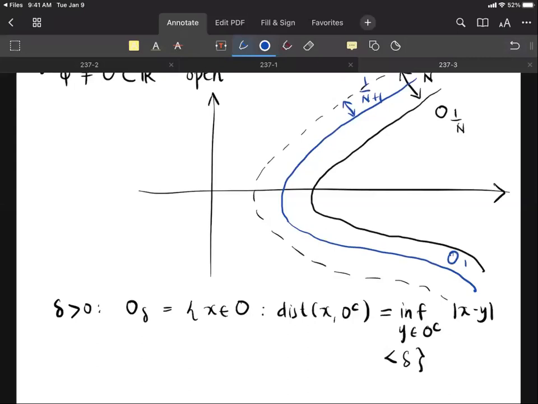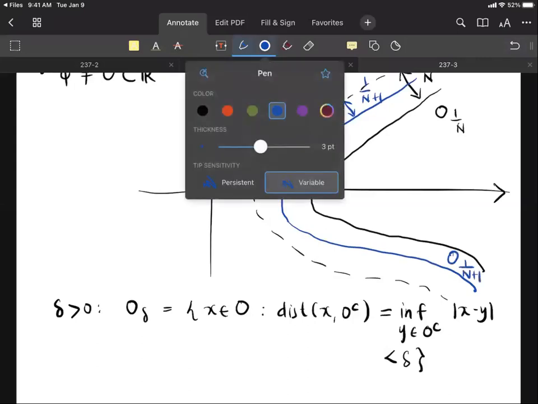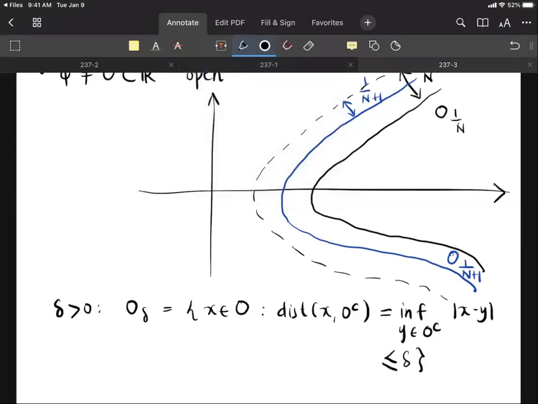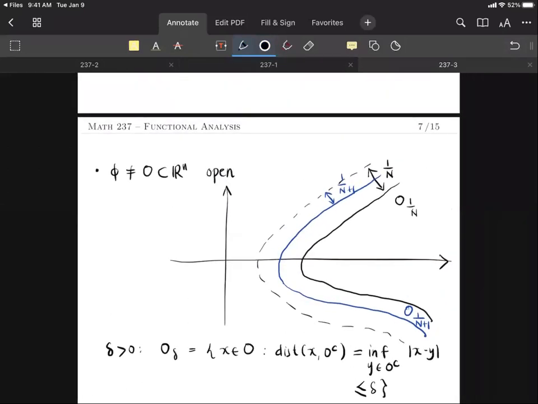In order for this to be closed, we need to put an equality here. You can see that the sets are increasing as n increases, because if n increases, the reciprocal decreases. Therefore, you are getting closer to the exterior, and in this figure, at least, closer and closer to the boundary.